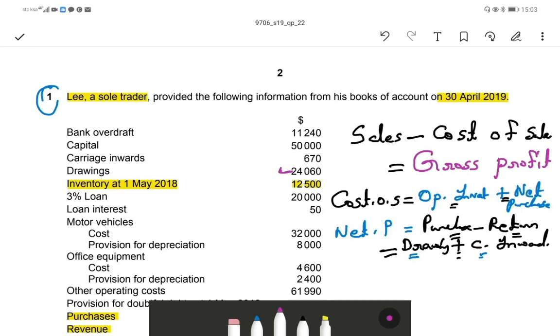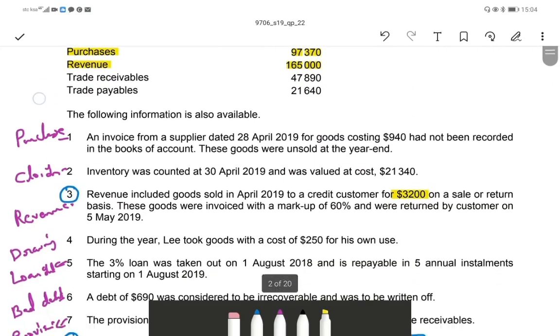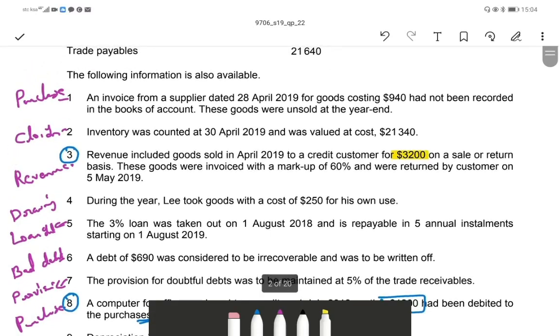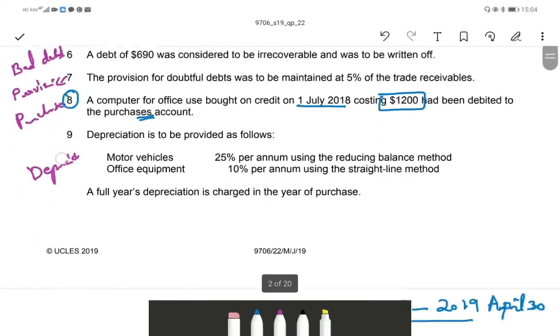That drawing we put it on the balance sheet. So this drawing we will not take now. This will not take in the income statement, but yes, the drawing given in the adjustment, here the fourth adjustment we have already noted. Drawing, during the year Lee took goods with a cost 250. This we have to deduct.